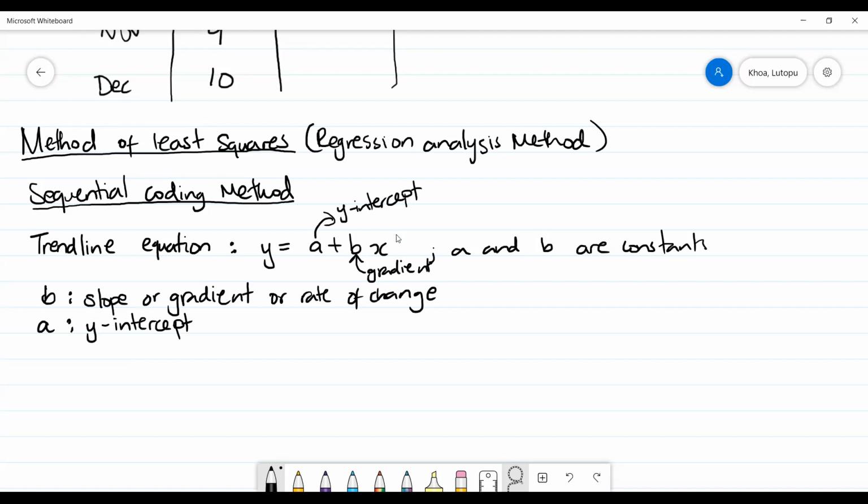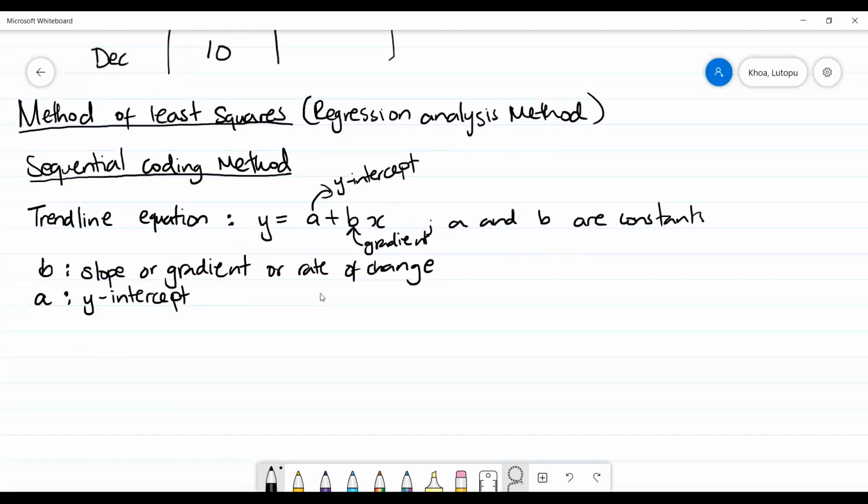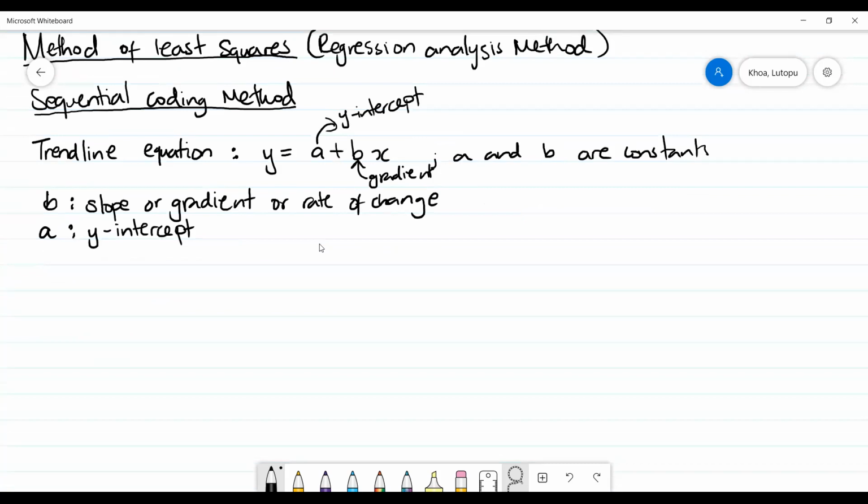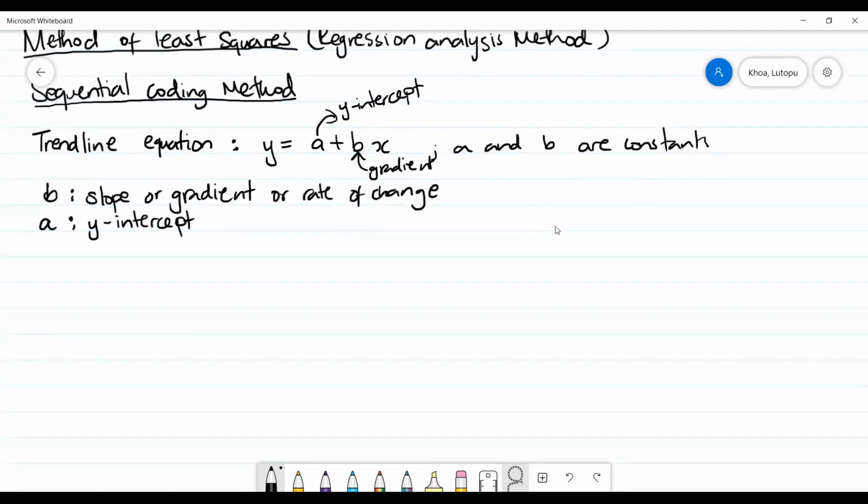We want to use the same data points that we used in the previous example when we were working out the 3-point moving average.